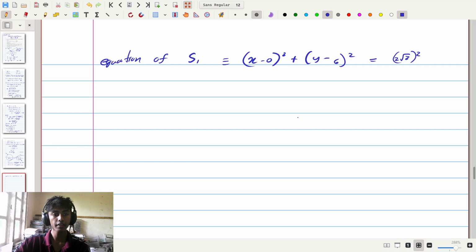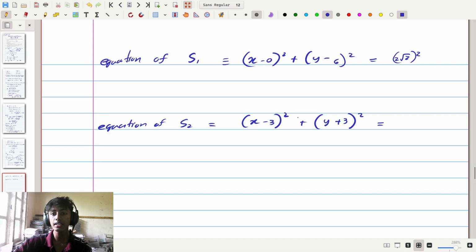And similarly, the equation of S2 is also going to be given by x minus x0, which is x minus 3 squared, plus y minus y0, which is y minus negative 3, which is y plus 3 squared, equals the radius squared, which is root 2 squared.